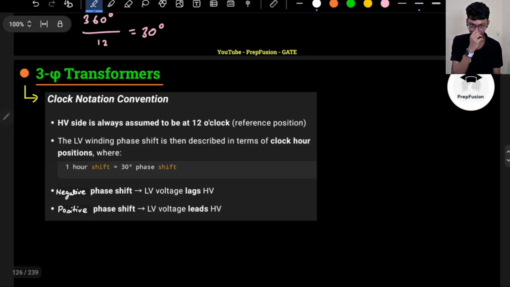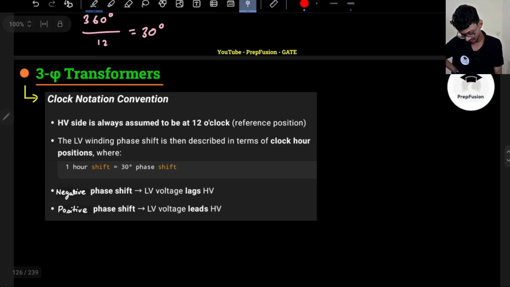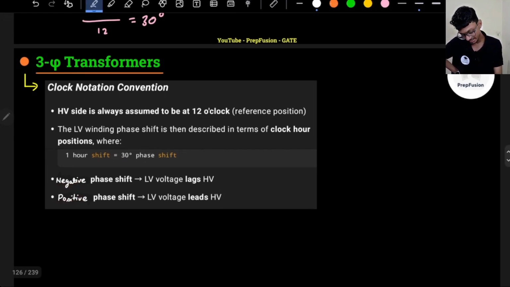Okay, so this is negative phase shift, this is positive phase shift. So why negative? Negative means, always remember, I will move in the clockwise direction, and positive means I will move in the anti-clockwise direction.